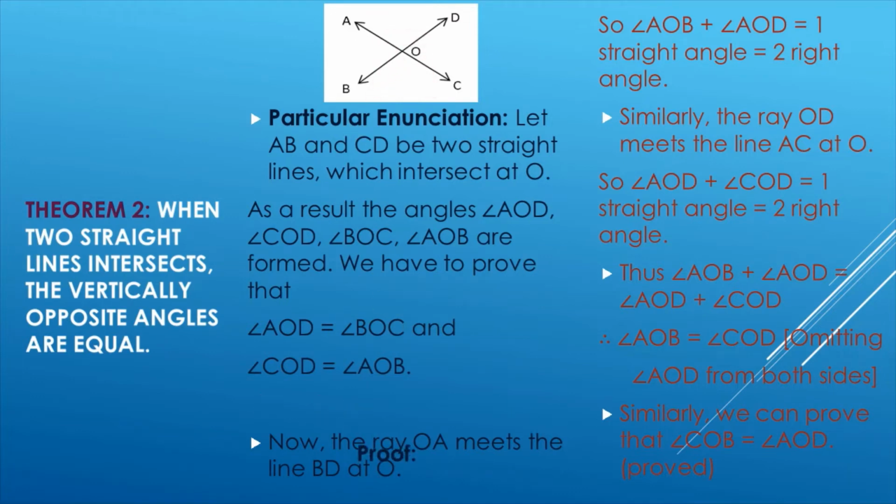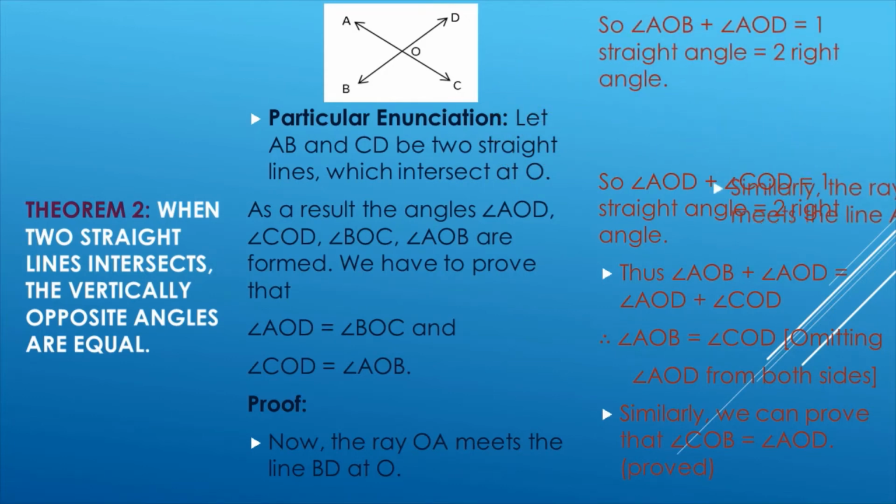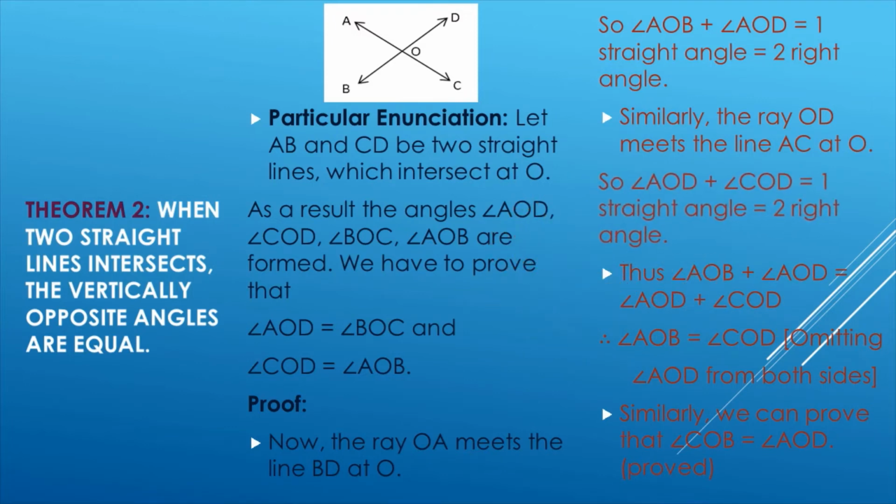So in order to prove this theorem, the ray OA meets the line BD at O, and you know one straight angle is 180 degree. We can write the sum of these angles. Again, another ray, that is OD, meets line AC at O, so we can write the other sum of the angles, that is 2 right angles.